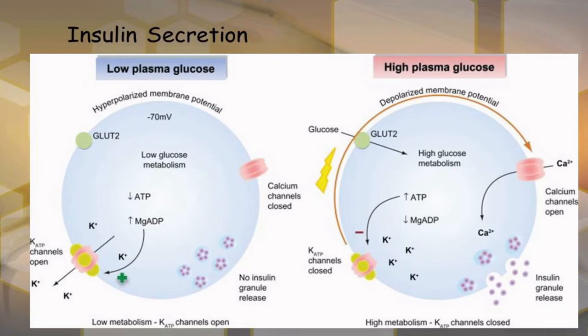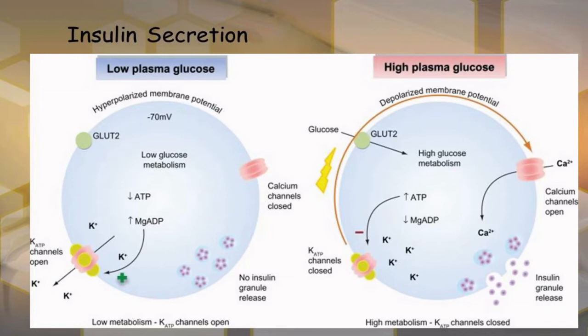As a result, there is an opening of the potassium channels, which allows the potassium, which is in higher concentration inside the cell, to be transported from inside of the cell to the outside of the cell, right? And this process does not cause the calcium channels to open, and as a result there is no insulin granule that is being released. So this is what happens in low plasma glucose concentration.